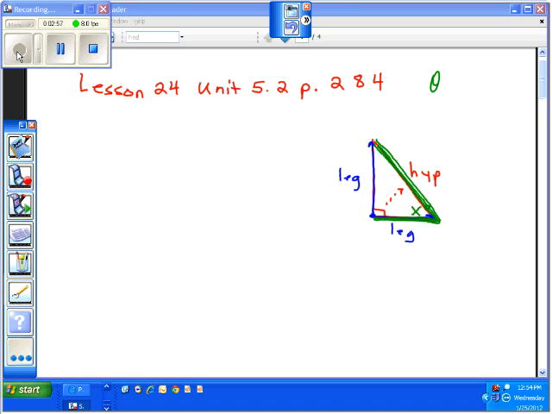Which of those two legs would you consider to be the leg adjacent to the x degrees? Well, what does adjacent mean? We usually say next to. Now, if you want the definition, adjacent angles are two angles in the same plane with a common vertex, a common side, and no common interior points.